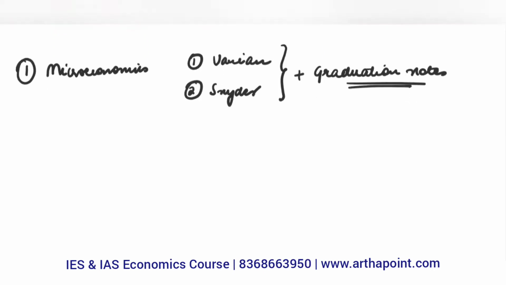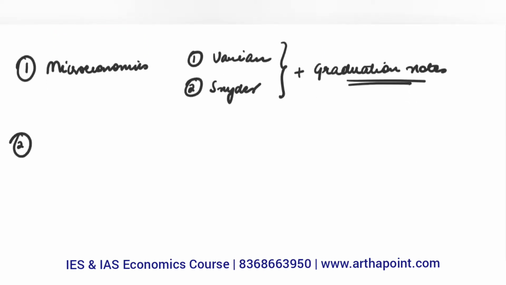Now, the second course that you have to do is mathematical economics. For mathematical economics, you can refer to Snyder chapter 2.